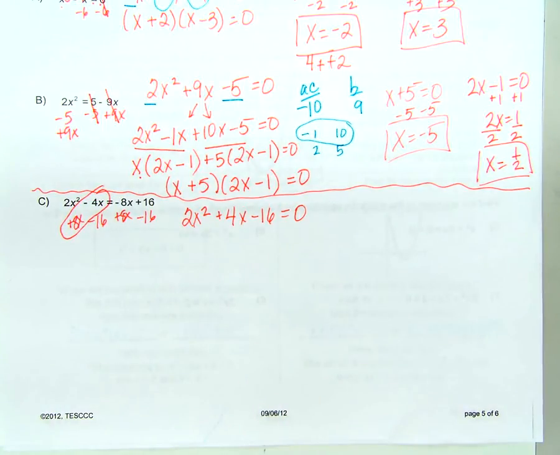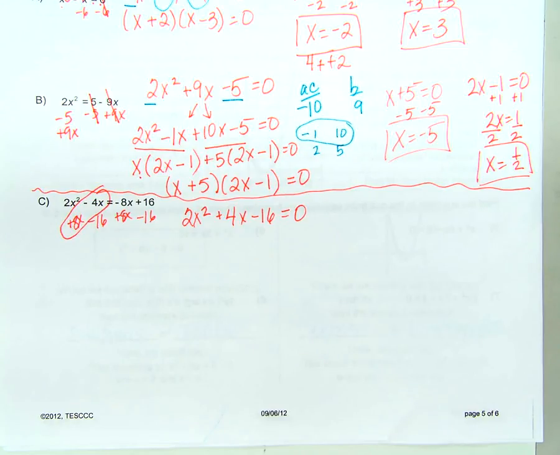Okay, so do you want to do this the hard way or the easy way? I want you to be able to tell me which way is the hard way and which way is the easy way. Step number 2 is factor, right? What's the very first thing we're supposed to do when we factor?